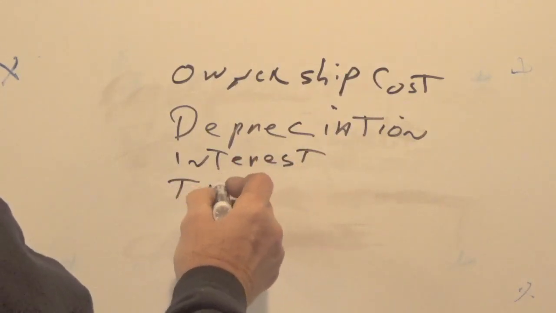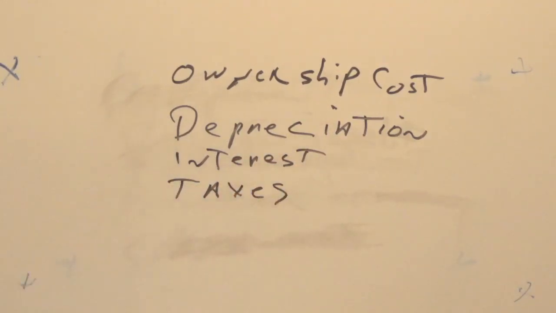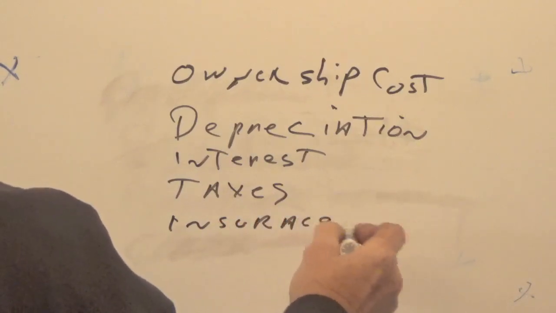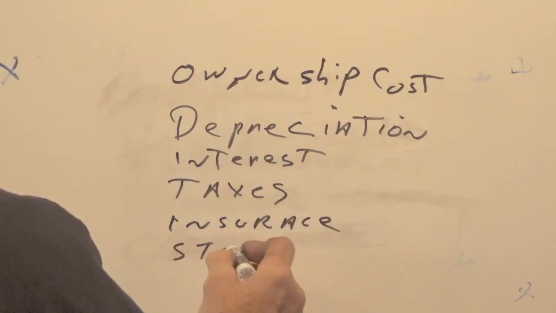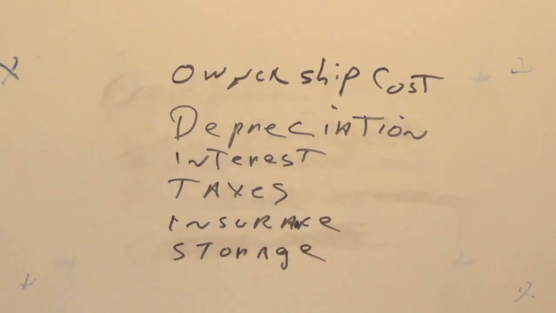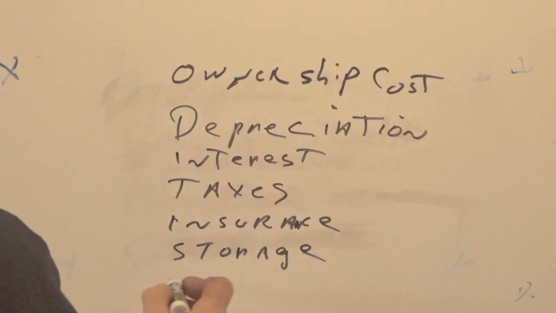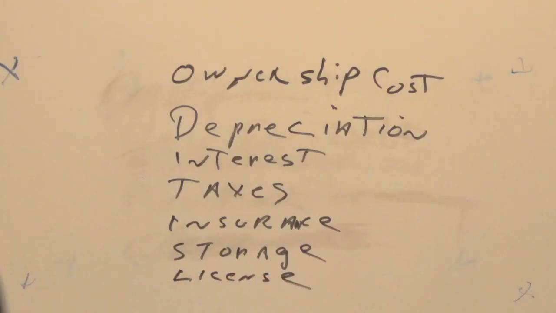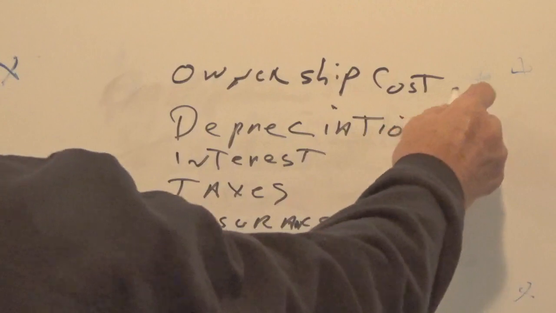You have taxes. You have insurance. You have storage costs. And these all, they don't always all apply, but most things do, especially things that are costly. And then license costs and fees or whatever. So under ownership costs, okay, ownership.